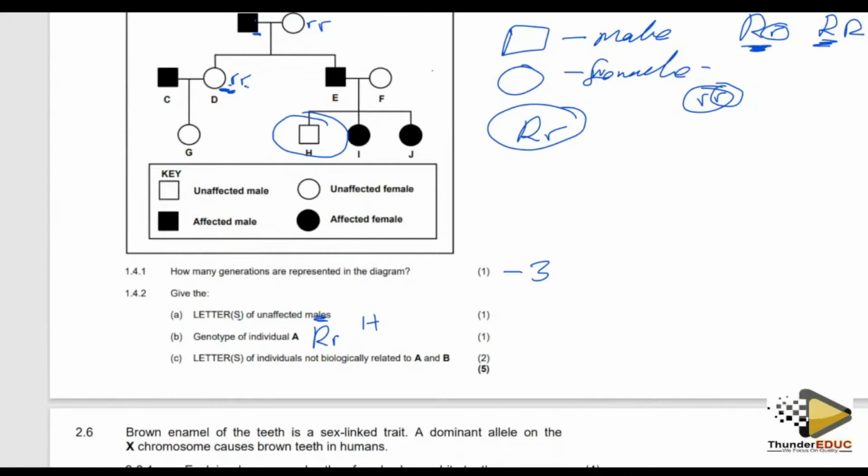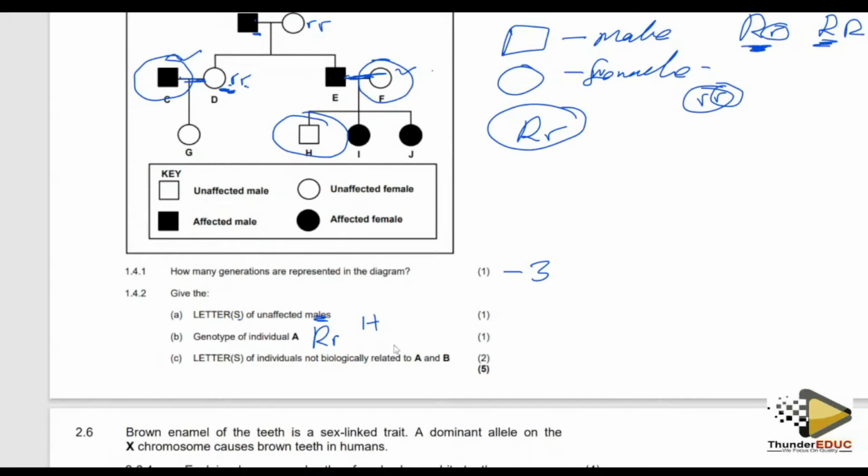In this case, this line means they gave rise to these two kids. This person C, and this person F, it shows that they just got married. So F and C are not biological children for this.